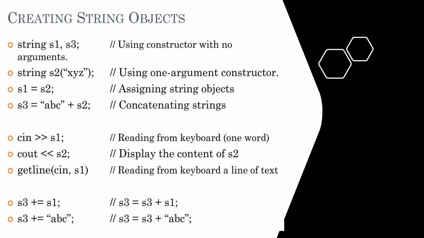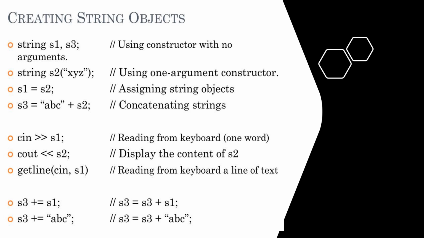Or we can use a constructor with an argument, meaning in double quotation we insert the string, for example xyz. A constructor can be created with arguments or without arguments. So first we are creating the string without arguments, simply s1, s3.